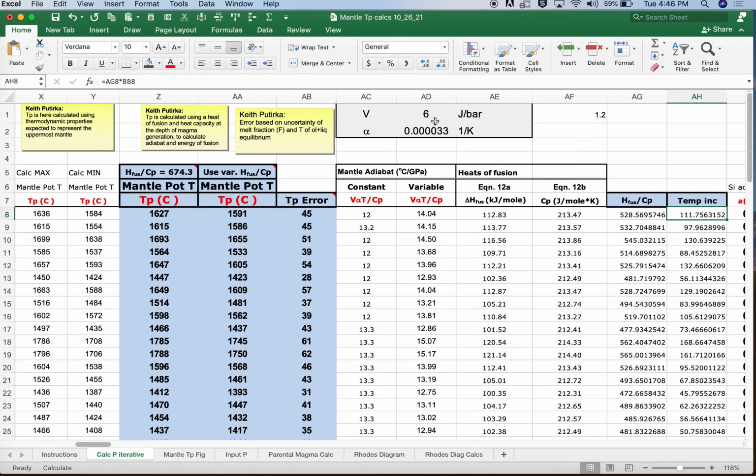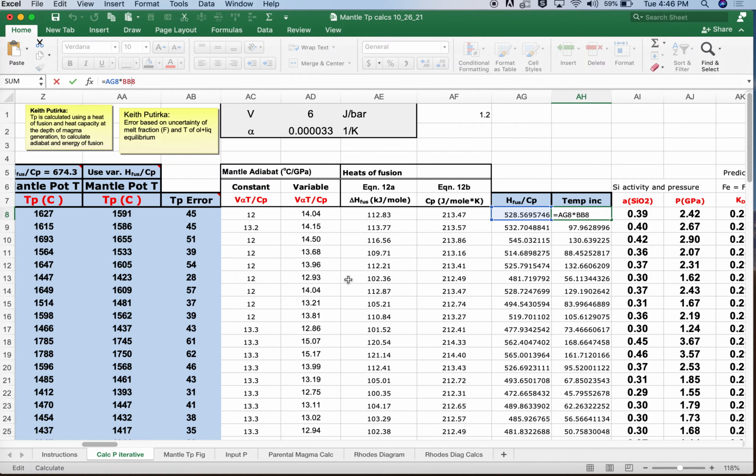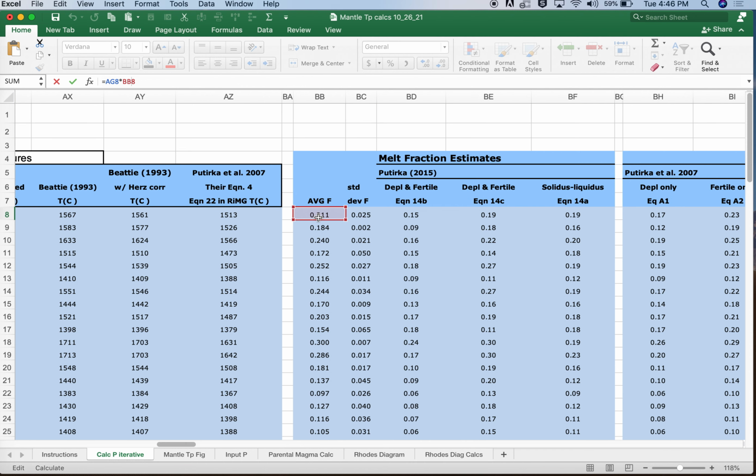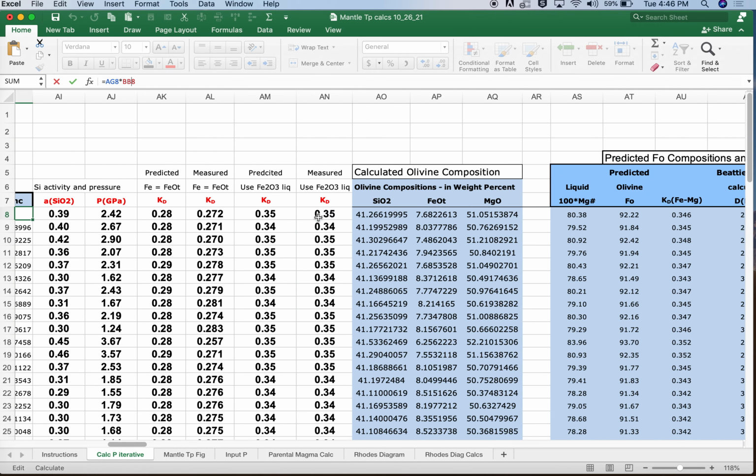In another video, we talk about how this calculation is connected to the value of F. This value is being calculated from some equations over here. If you don't like those equations, you can enter a different equation or just put in a constant value for the amount of melting.